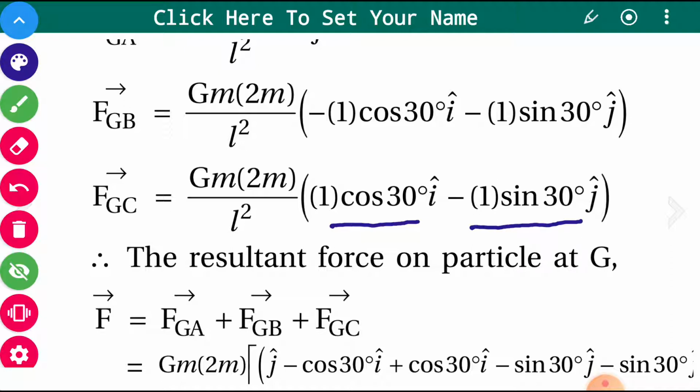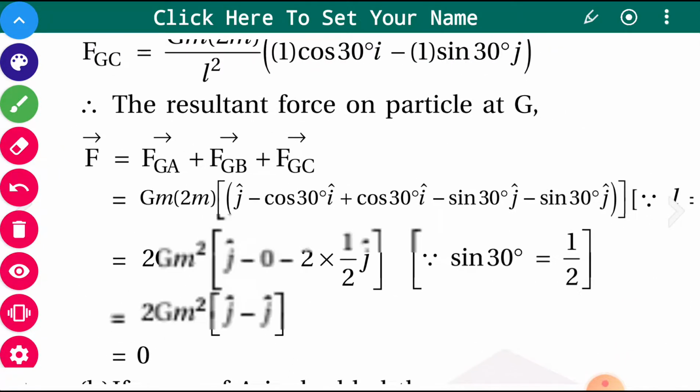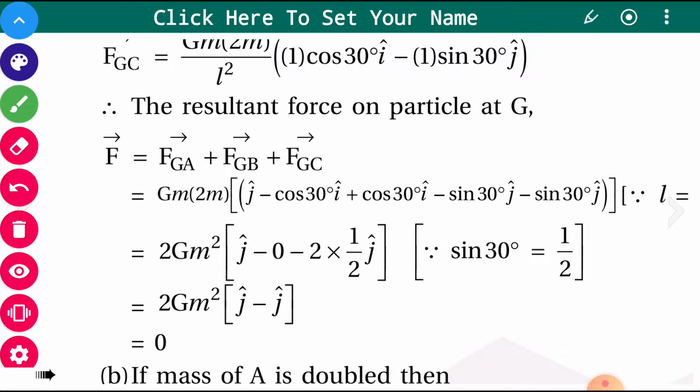Now the resultant force is the vector sum of all these forces. Here L is taken to be 1 because the distance of G from the vertices is 1 meter.